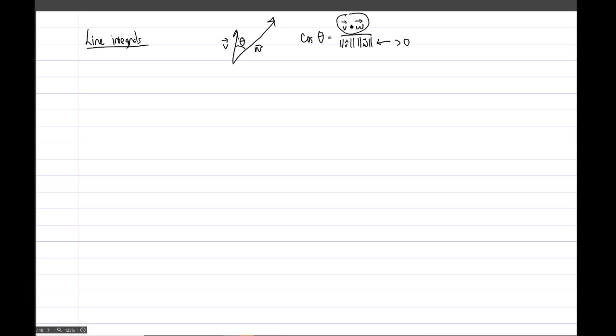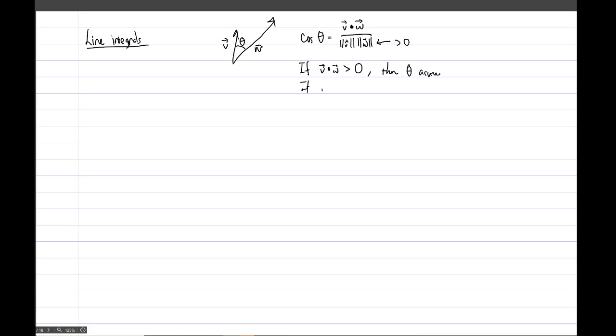It means that the sign of the dot product matters. If v dot w is greater than 0, something happens. Think about what kind of angles give you a positive cosine. Then theta is acute.